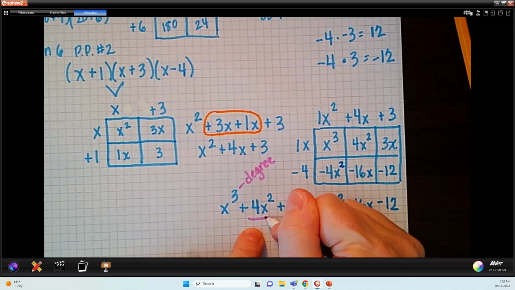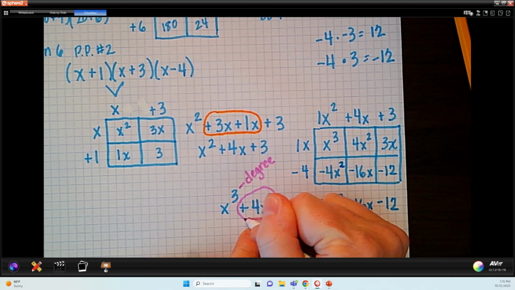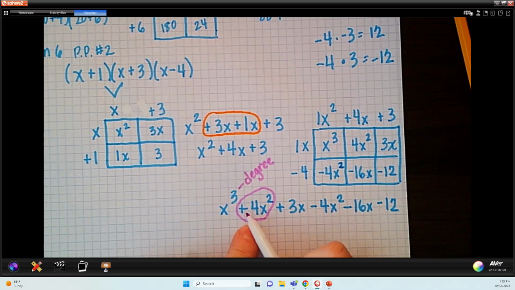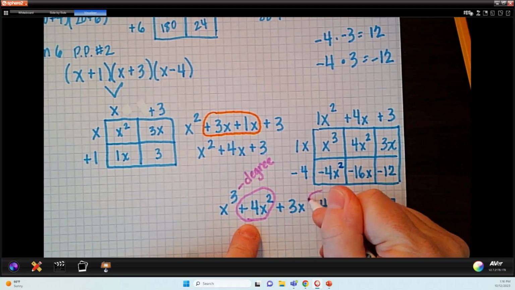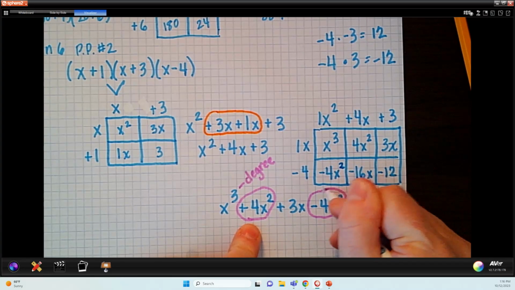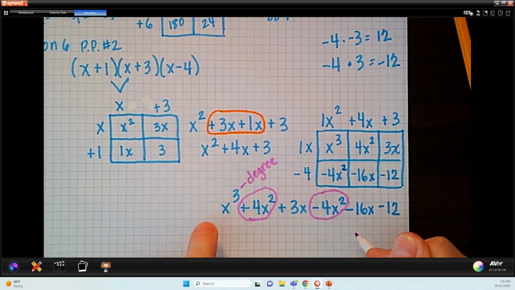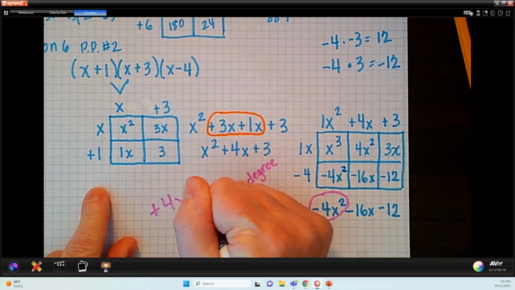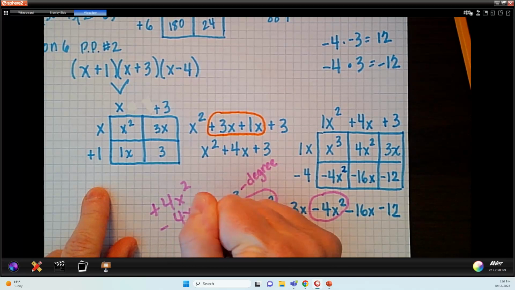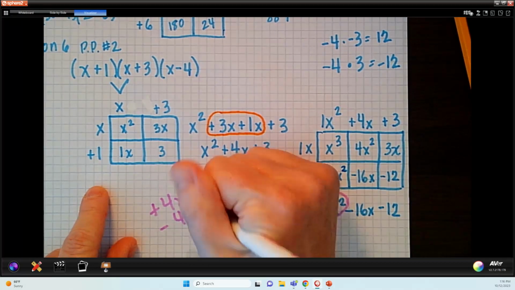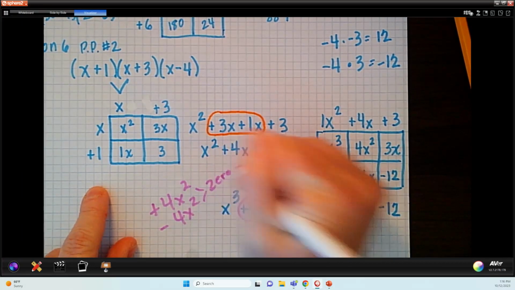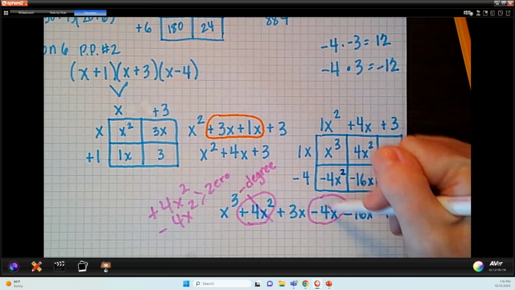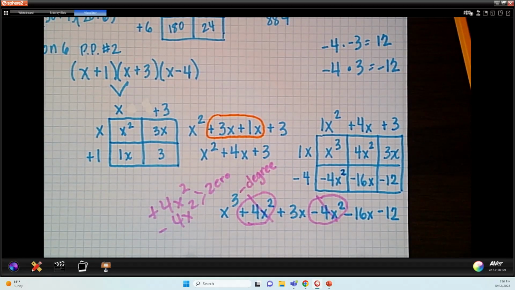So I have a positive 4x to the second power. Notice I'm circling the 4 and the plus sign because it's a positive 4, and that's important because the other x squared is a negative 4. That's a 0 pair. They cancel each other out. Positive 4x squared, negative 4x squared, 0. Okay, so they're done. Gone.